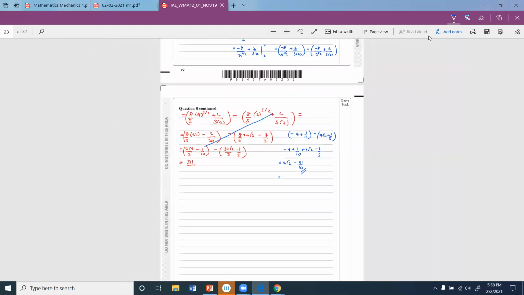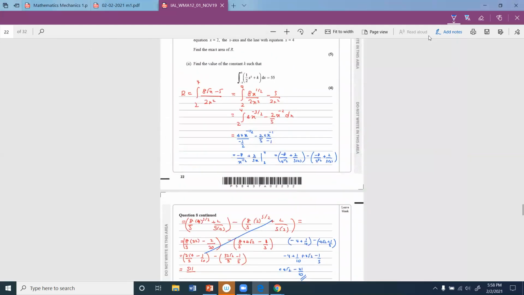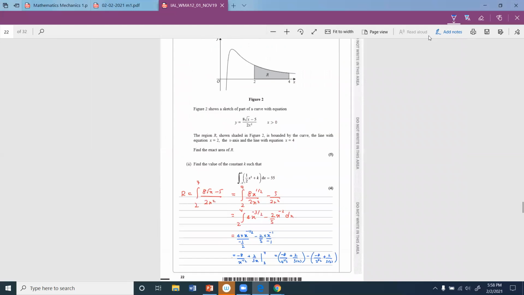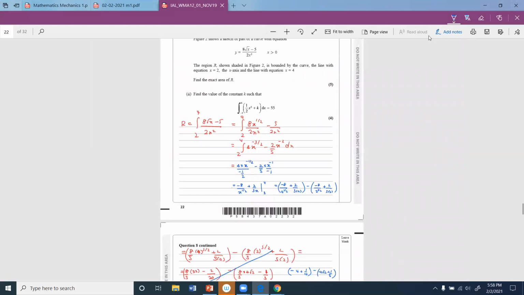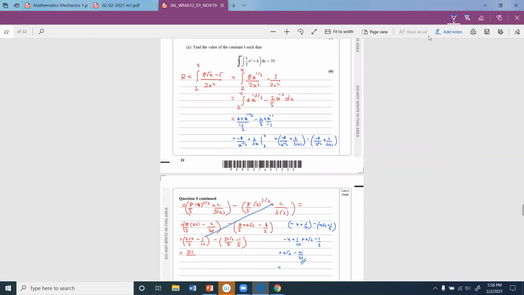Right. Then that's it. Then the next part is the region R, sorry, find the value for constant k such that, this is a different question. Initially I did the first part.